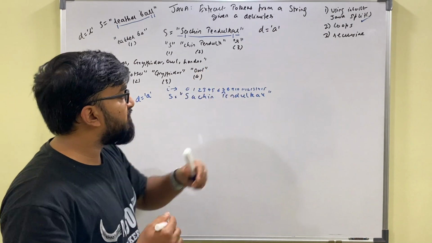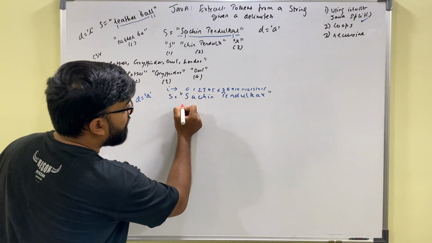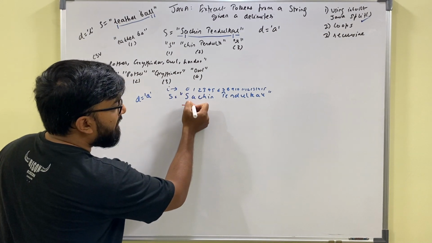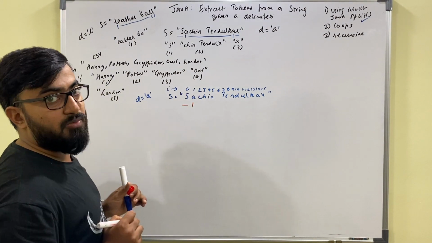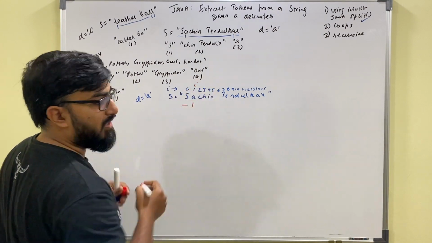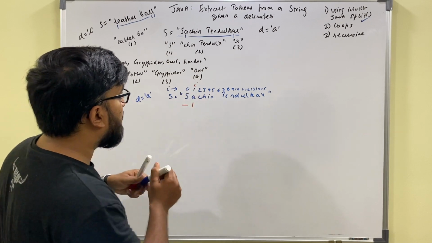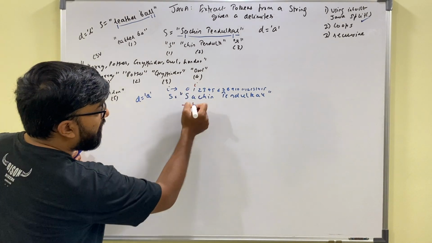So how do I solve this using loops? I iterate i from left to right, and I wait for the delimiter to appear. I get my first delimiter at index 1. While I am traversing till I find my delimiter, I accumulate all the characters.